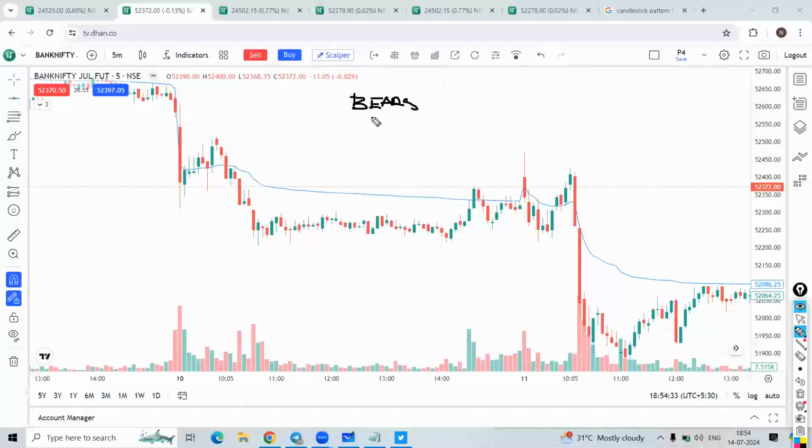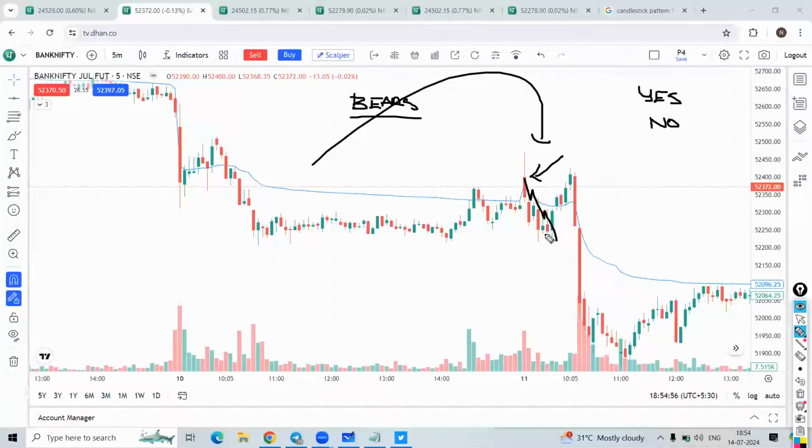Now, next day, the market is opening inside yesterday's range. So can they come again? Yes, they can come. No, they cannot come. Probability. Trading itself is probability. They can come or they might not come. How can we identify?